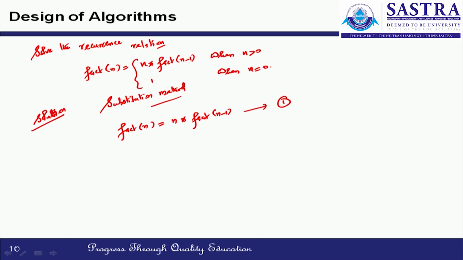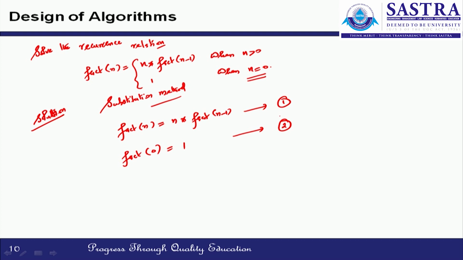Call this equation 1. The second equation says when n becomes 0, so putting n is equal to 0, fact of 0 is equal to 1, 0 factorial is 1. This is equation number 2.